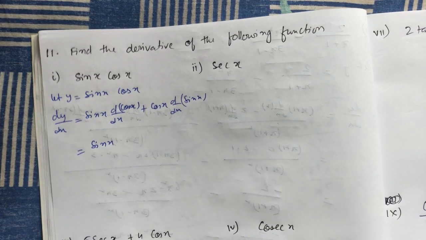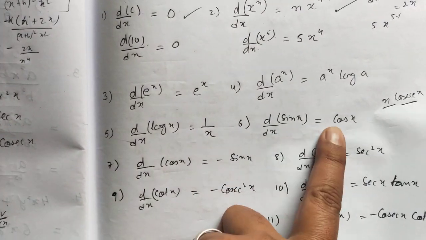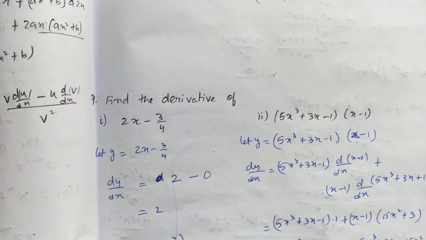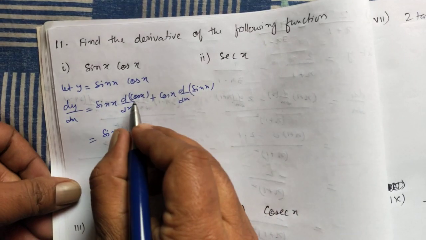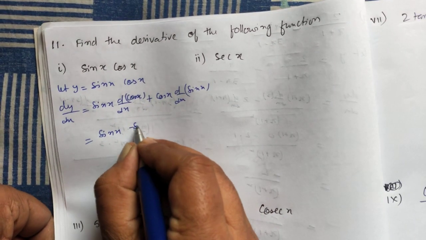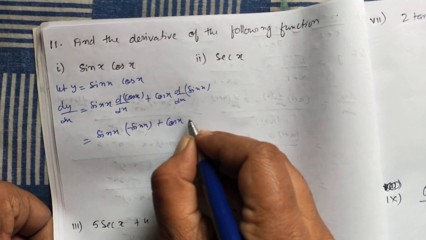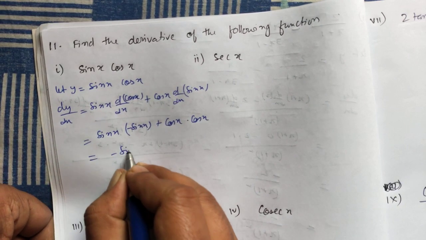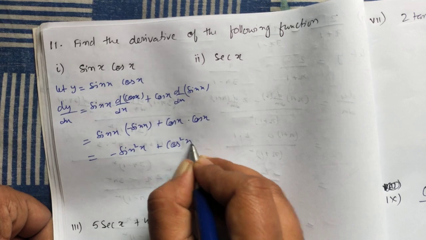You check the formula. Derivation of sin is cos and derivation of cos is minus sin. We just have to use the formula only. So you're getting minus sin square x plus cos square x. This is your final answer.